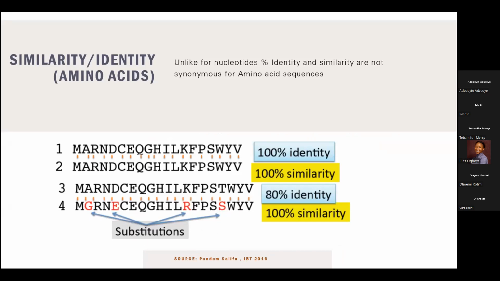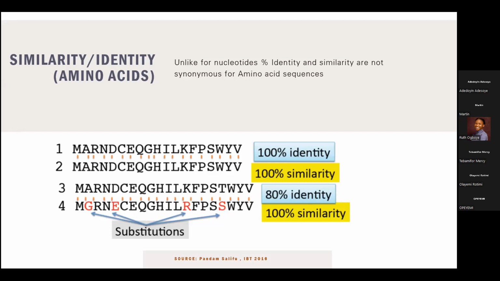So we're going to be looking at the similarity or identity for amino acids. Unlike nucleotides, like I said earlier, the percentage identity and similarity are not synonymous for amino acids. They are not the same. For nucleotides, similarity and identity mean the same thing, right? But for amino acids, they don't.